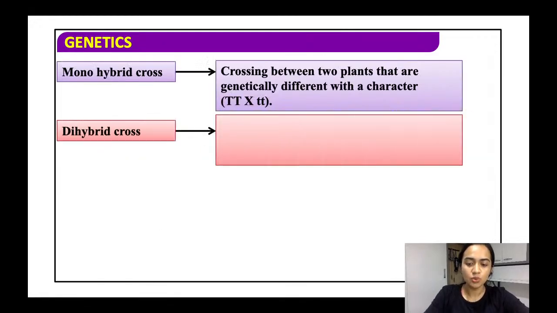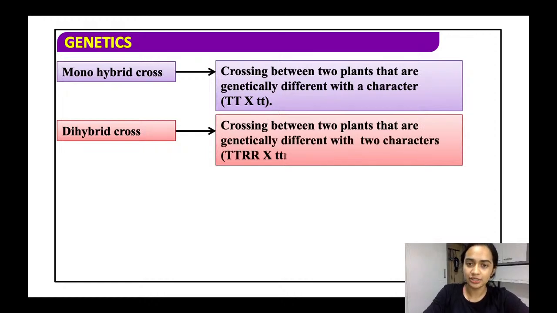Now, what is a monohybrid cross? A monohybrid cross is, as I told you, a cross between two parents that are genetically different in one character, so a cross between a tall and a dwarf character. In the dihybrid cross, we can include two different characters. Here we have capital T, and small r.